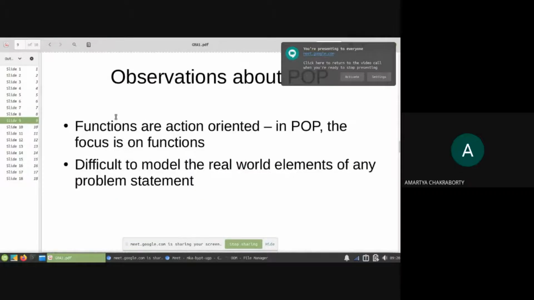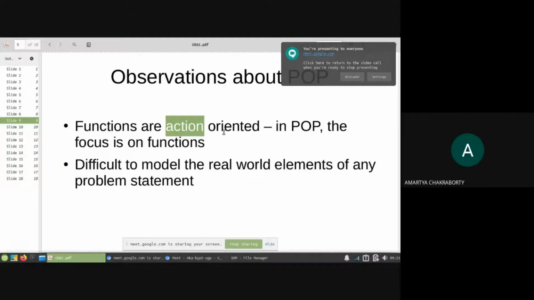Okay, so some observations. It is said that the functions are action oriented, right? This part is very important to note. Whenever we have functions, the functions are only concerned with making something happen, right?